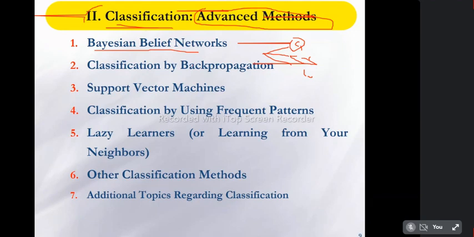Because sometimes the output of classification may support regression, or the output of regression may be used in the classification operation.